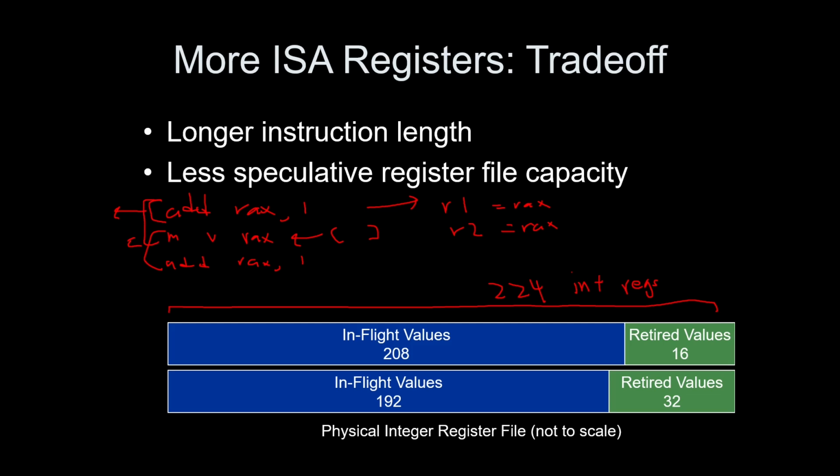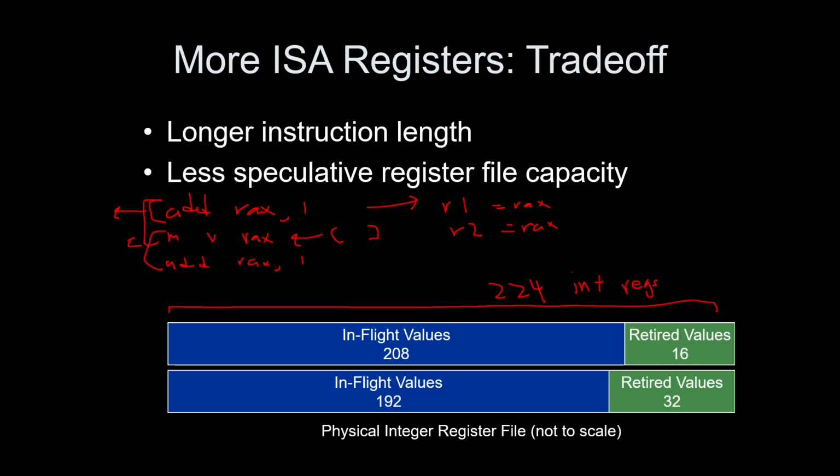So what you're actually doing when you're saying I can address more ISA registers is you are reserving more of this register file capacity to hold values that are going to be kept there and visible to the program. And at the same time, because your register file capacity, let's say you have the same capacity, that means you're keeping fewer in-flight values. You have fewer values available for this sort of renaming.